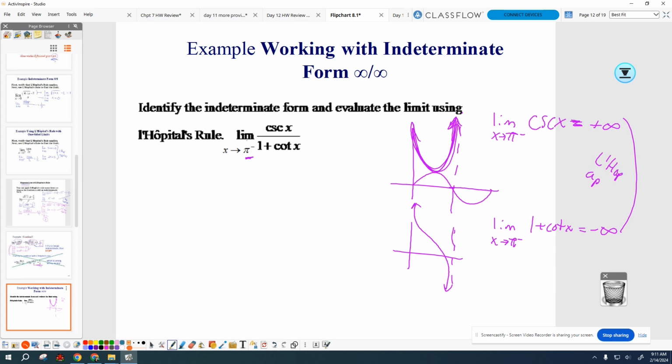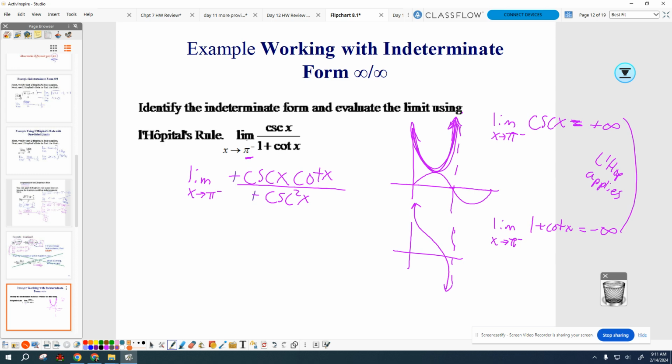L'Hopital's applies. So the derivative of the top, derivative of cosecant, just like secant sucks, it takes itself into its own derivative and brings a friend. Cosecant's worse. It's negative. It puts itself in its own derivative and it brings a friend. Derivative of cotangent. Derivative of 1 is 0. Derivative of cotangent is negative cosecant squared.